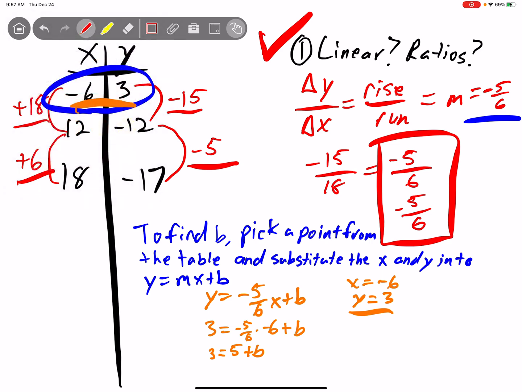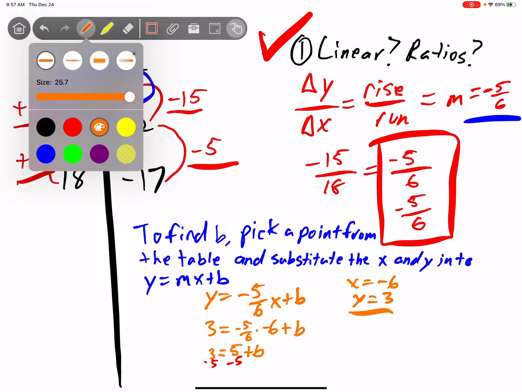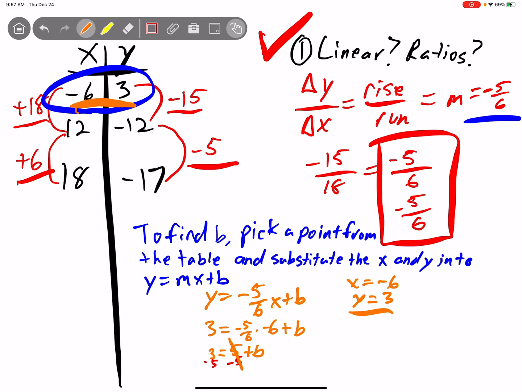And now I'm going to subtract 5 from both sides to get b by itself. And when I do that, these cancel out. This gives me negative 2, which equals b. So now I know what b is.